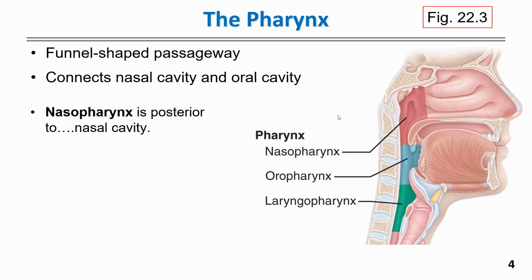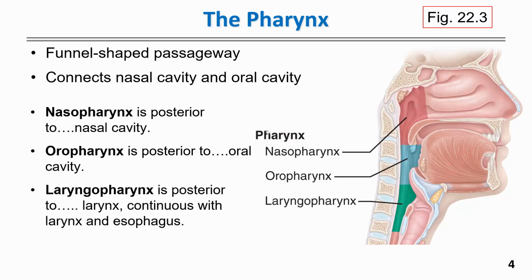So the nasopharynx, to summarize, is posterior to the nasal cavity. That is continuous with the oropharynx. It's just that these regions are continuous, but do have different names associated with them.